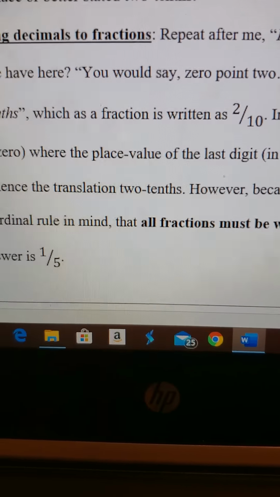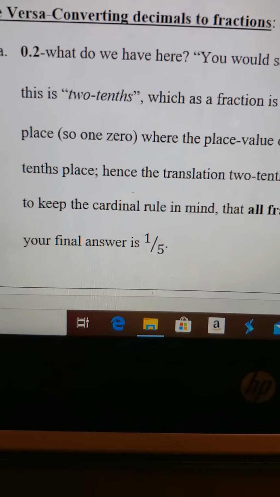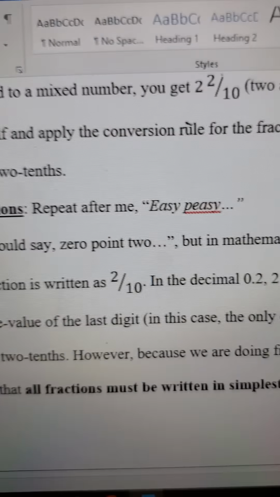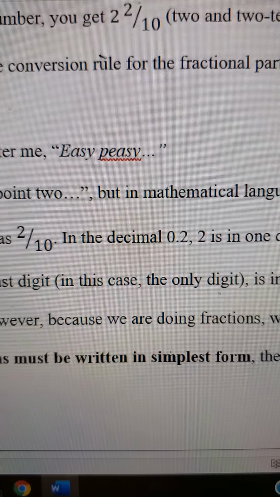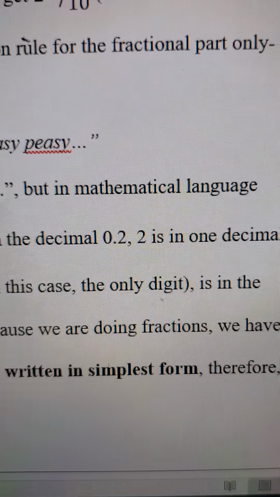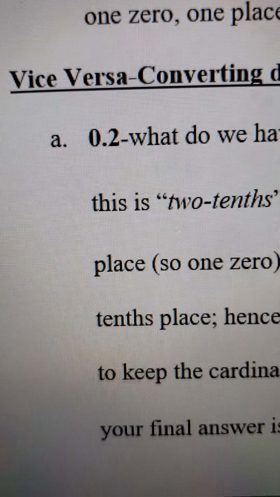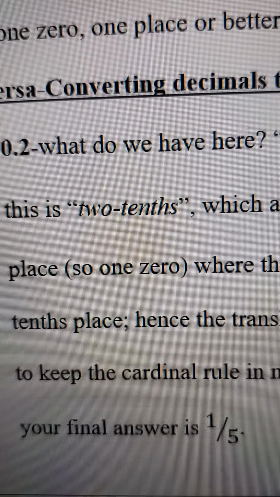All right, so we see that 0.2 is actually 2/10, because the highest place value of your only digit there is in the tenths place, right? So in the decimal 0.2, the 2 is in one decimal place, so 10, right?